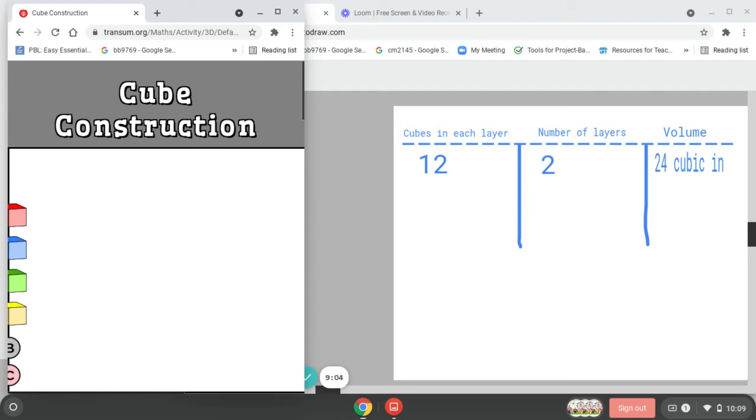I thought, 12 is definitely a number that can be made out of 24. I can make groups of 12 out of 24. Now, what other number can I use to make equal groups out of 24? How about the number 8? So I'm going to create my first layer using 8 unit cubes.